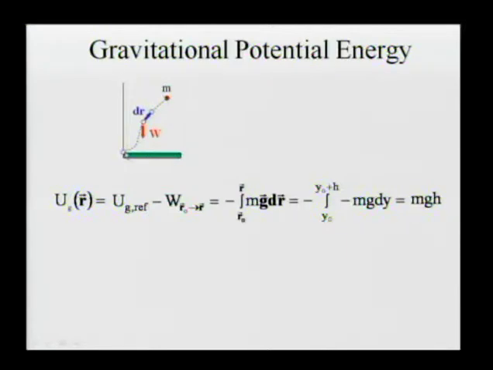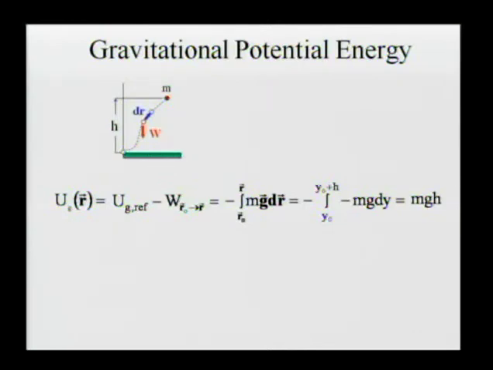And at this point, we assign potential energy to be 0, which means the difference between potential energy at this point and this point is the same as just potential energy at this point. So we derive an expression for gravitational potential energy. So it depends on the altitude above the reference point.